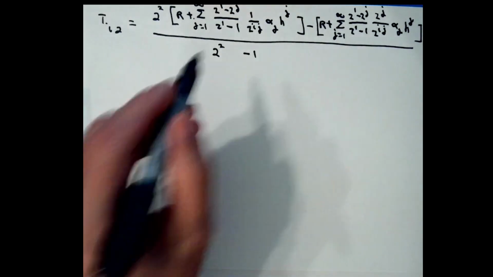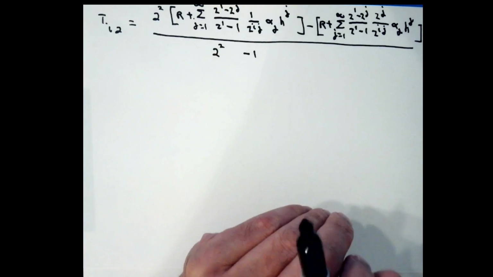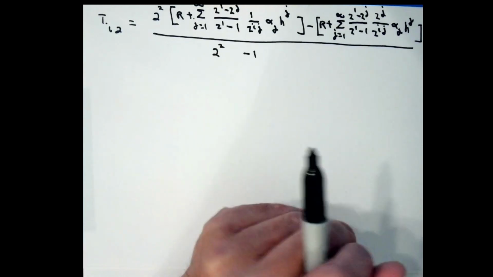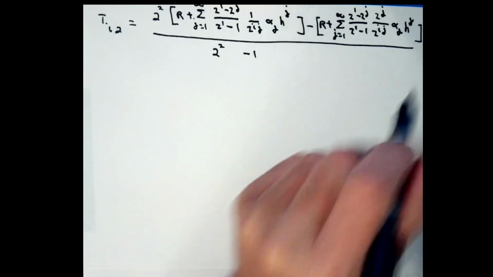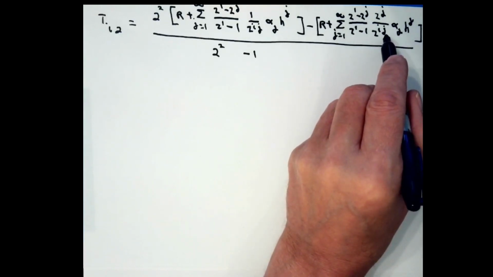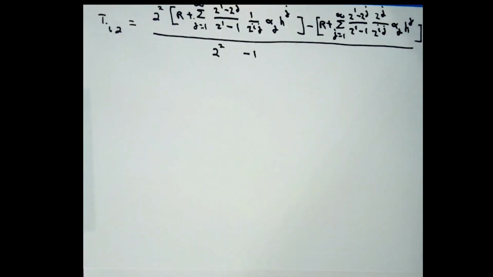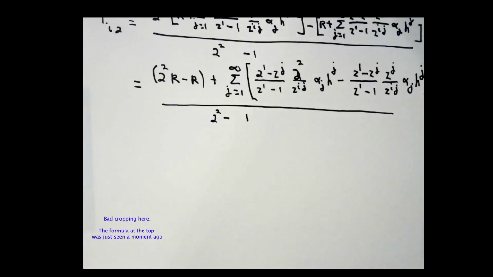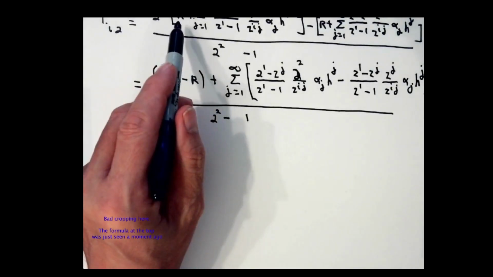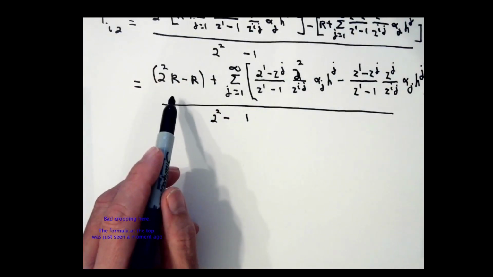That only changes that, and we've already stated that if I take i minus 1, multiply it by j, and raise 2 to the resulting power, what I get is 2^j over 2^{ij}, alpha_j, h to the j power. Two squared times r minus r. I'll write that out separately.